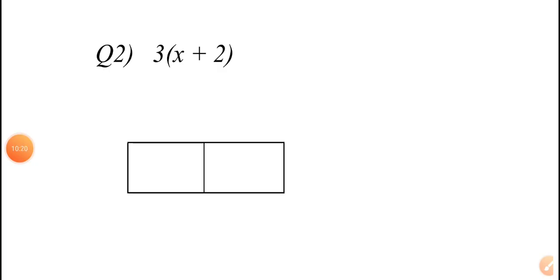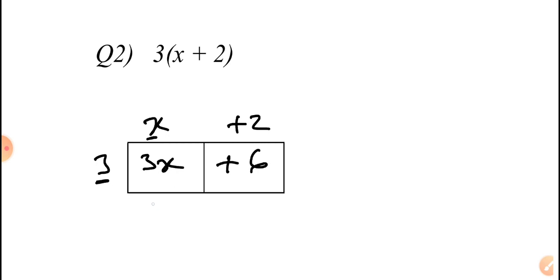Looking at question 2, I've already got my window drawn out now. On the top I'm going to write x and the plus 2, and on the side here I'm going to write the 3. So 3 times x gives us 3x, and 3 times plus 2 is just plus 6.